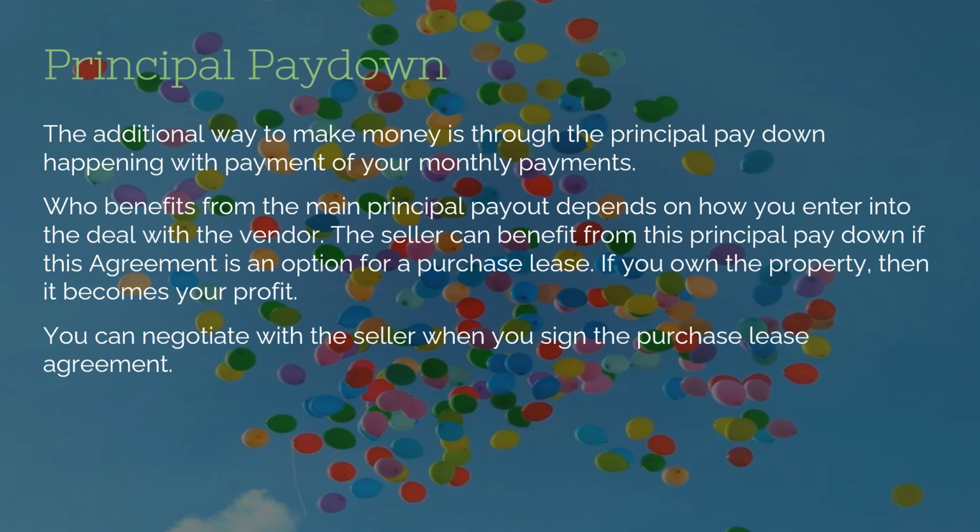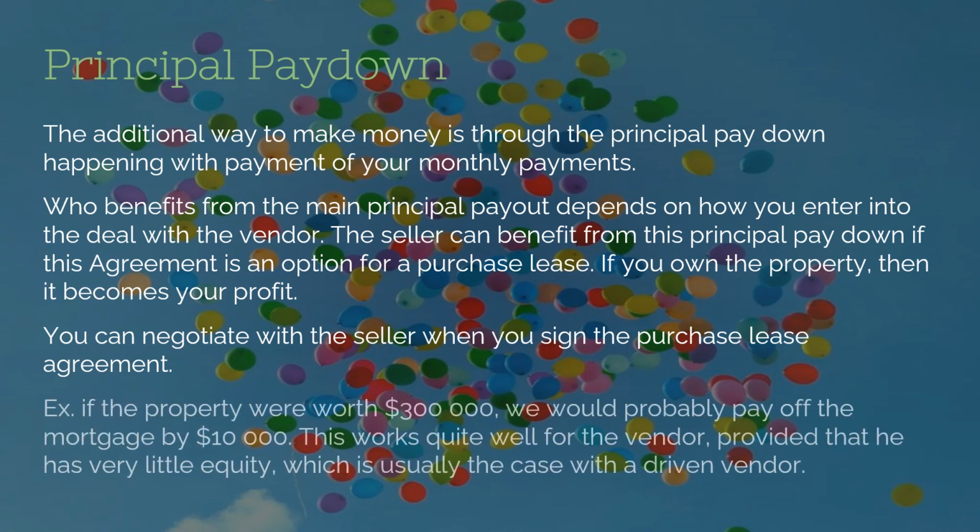Let's say they had a $30,000 equity in their house, and now because you've been paying the monthly payments, the principal got paid down by another $10,000. Which is a fantastic way. They got another 33% return on their equity. So instead of selling the house and taking the equity out, now they kept the house.